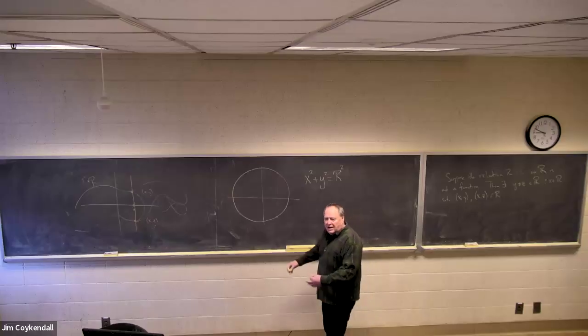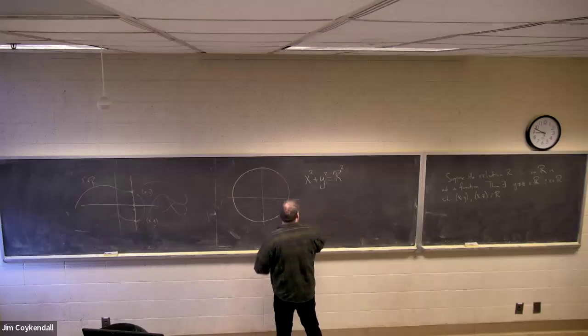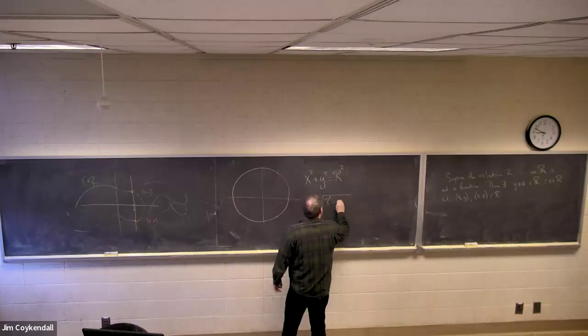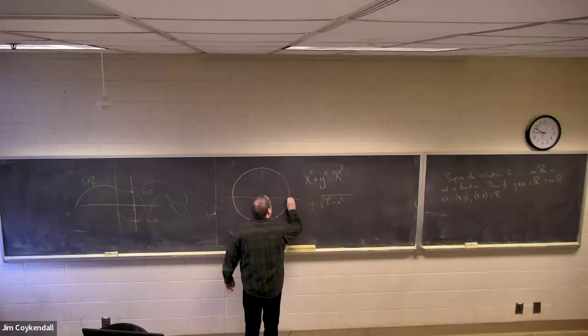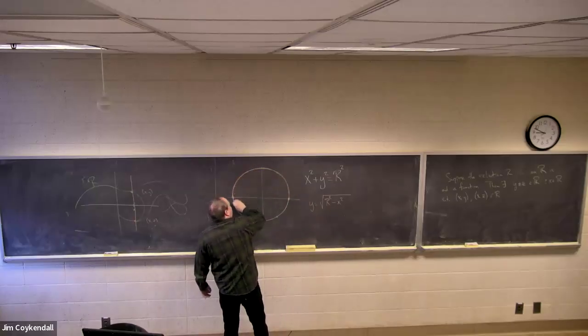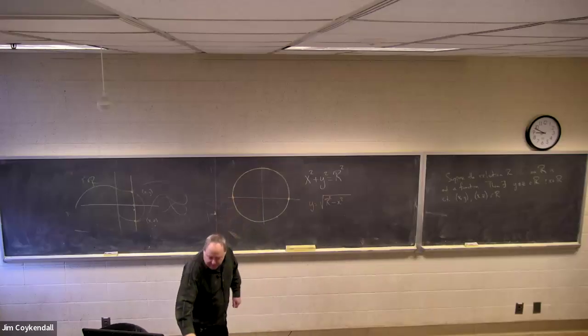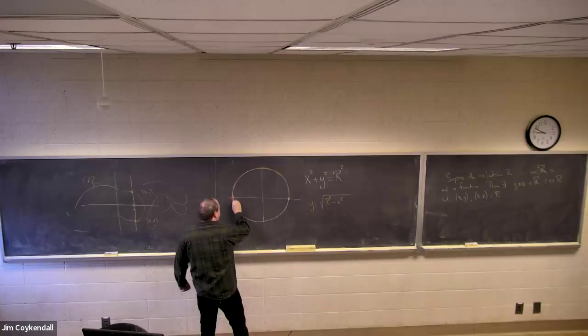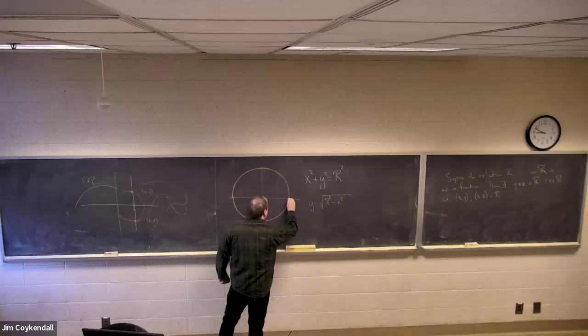And the problem is, yes, you can make it a function, but you do it this way. So if you're doing calculus on the upper half of the circle, that's your function. If you happen to be doing calculus on the lower half of the circle, that's what you do.